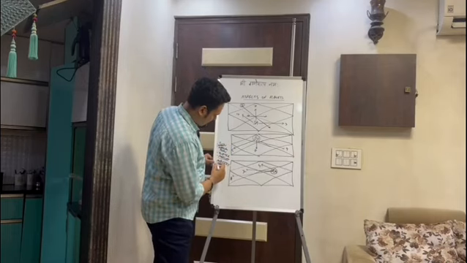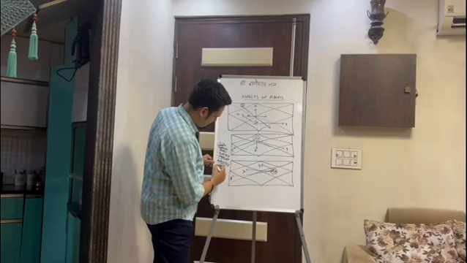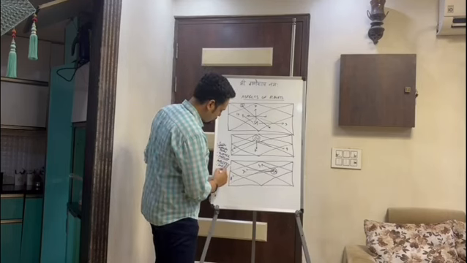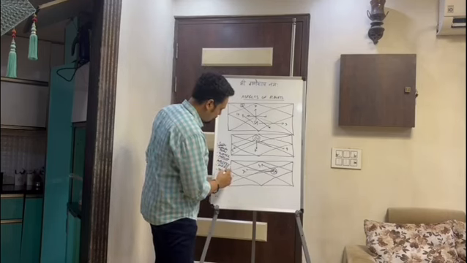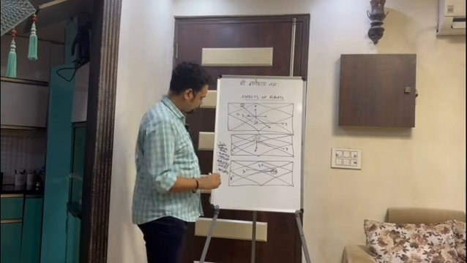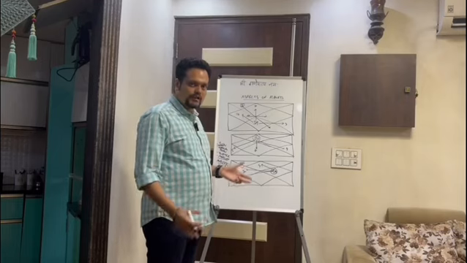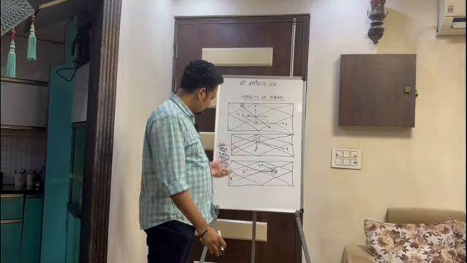Then the malefics are Mars, a natural malefic planet, and Saturn is also a natural malefic planet. So Mars and Saturn are the natural malefic planets we have.